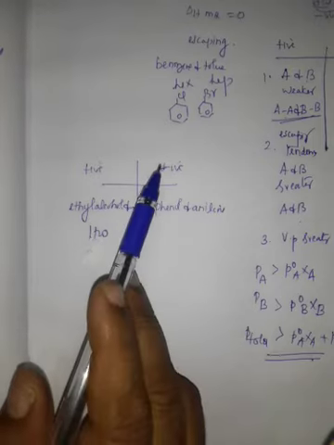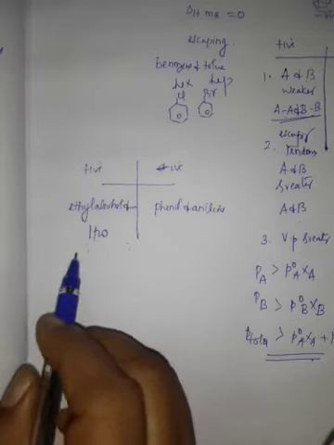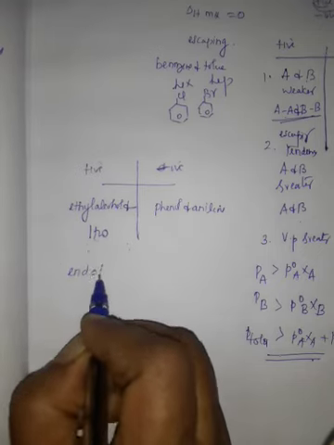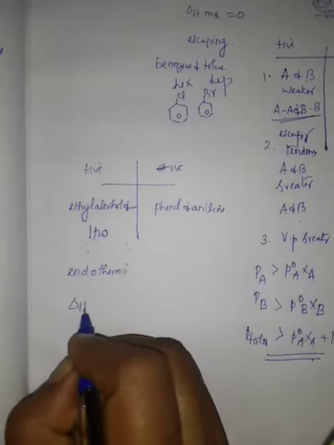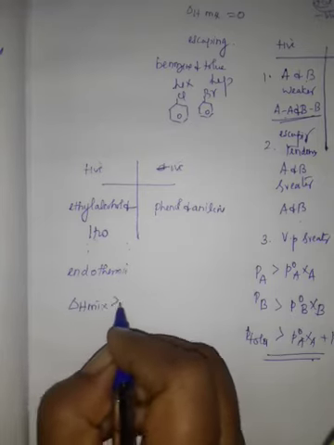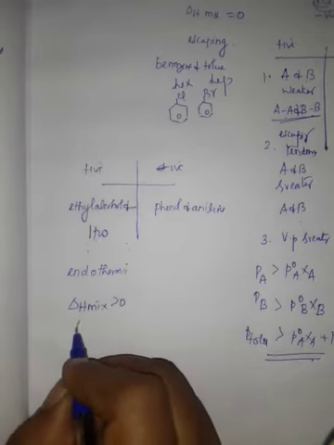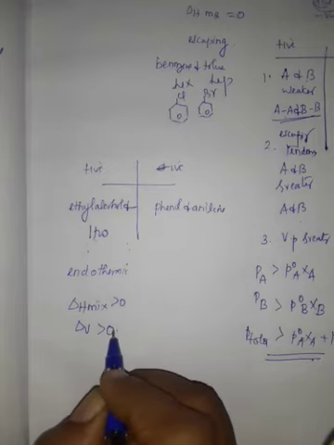Since escaping tendency is greater, vapor pressure is also greater. So, the mixing is endothermic. So delta H mixing is greater than 0, and there is a slight increase in volume. So delta V mixing is also greater than 0.